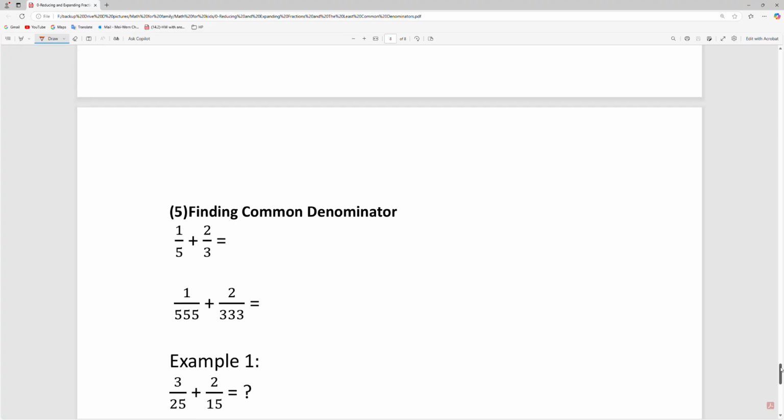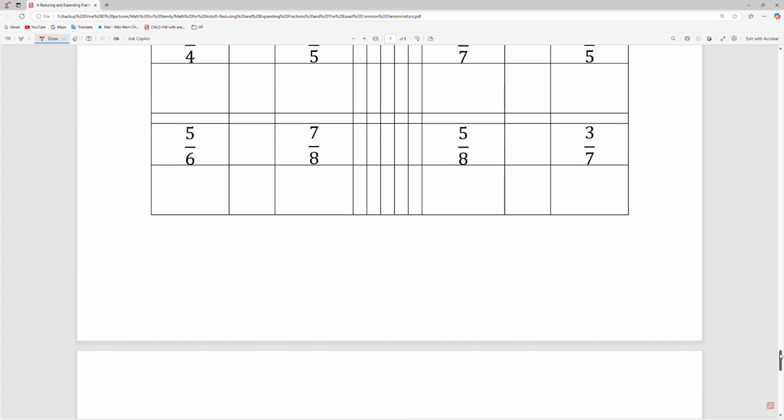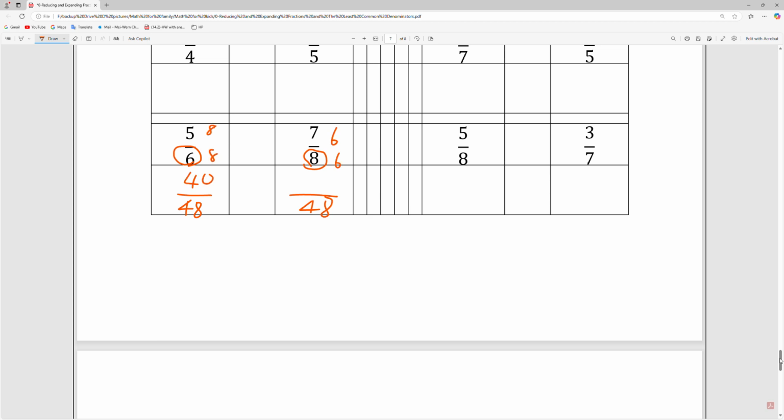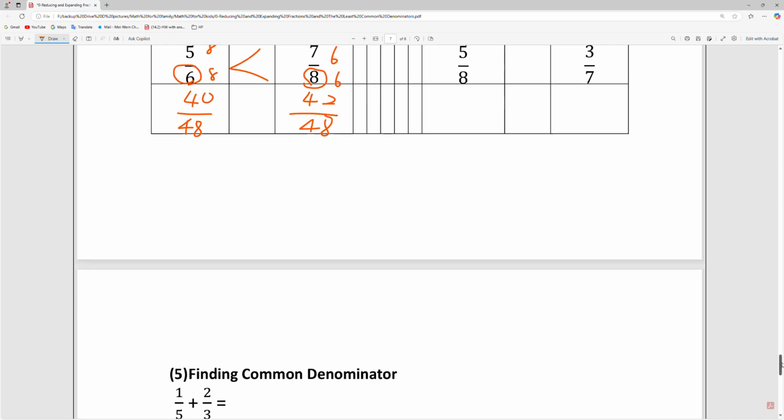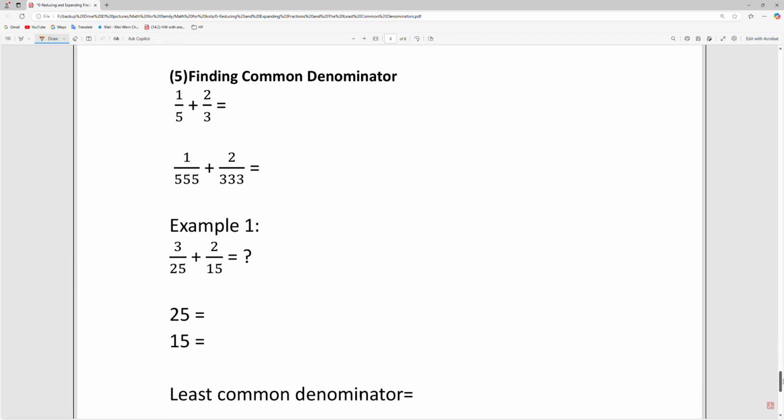In the earlier examples, I simply multiplied the 2 denominators together, so I multiply 8, and then I multiply 6. So 40, 42, so this one is bigger. Less easy to calculate.